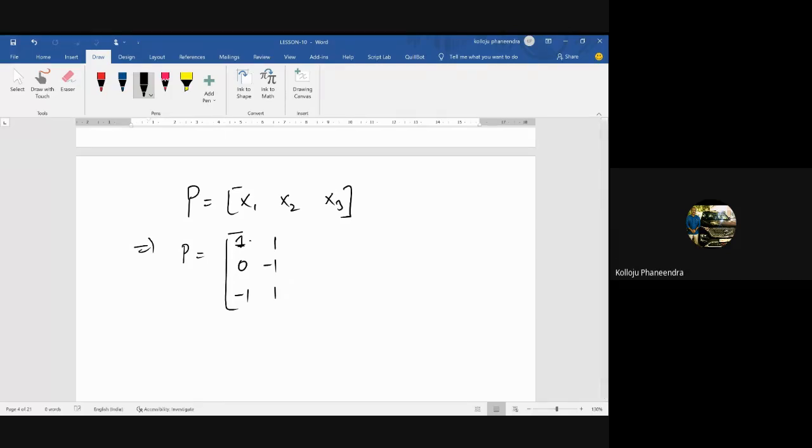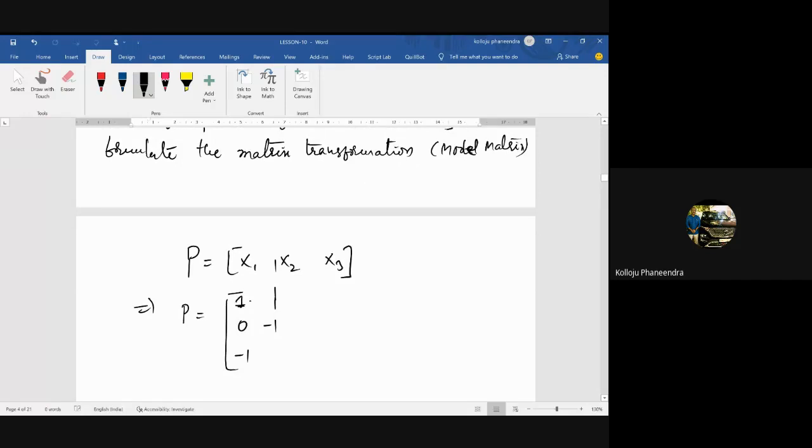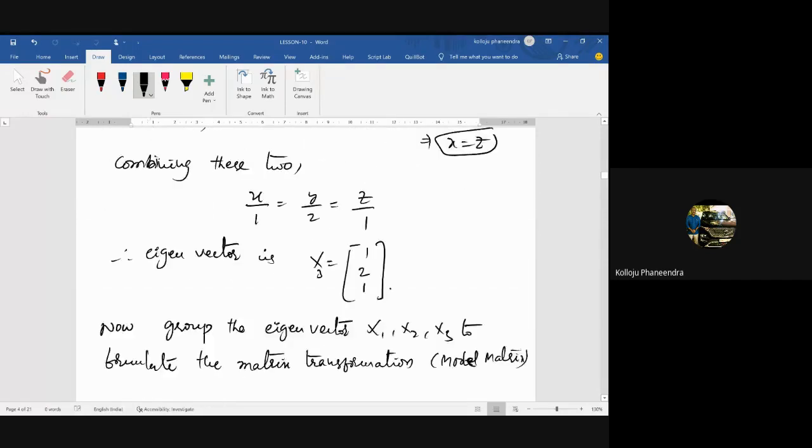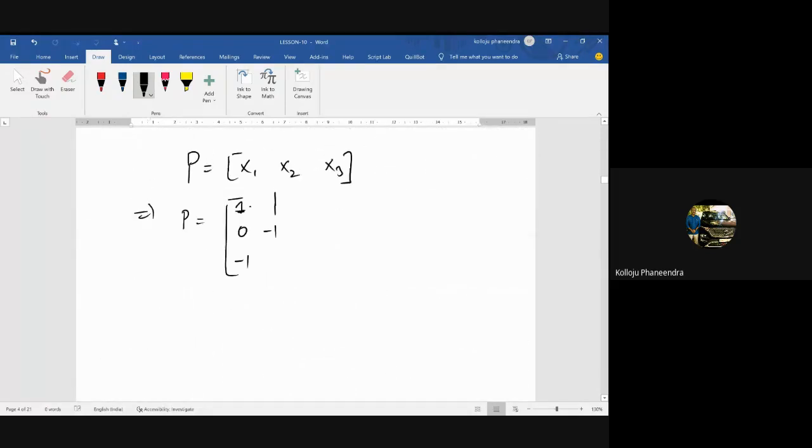Right? And the third eigenvector is 1, 2, 1. This is the matrix of transformation. Okay, that is done.